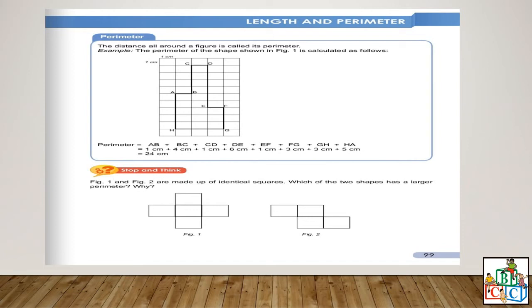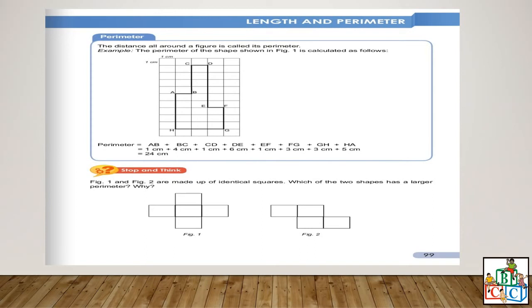Take a look at the figure 1. There's a shape A, B, C, D, E, F. Now we have to calculate the perimeter. Take a look. When you have calculated outside, for example, AB, it's 1 centimeter. B to C, you're going to count how many squares. 1, 2, 3, 4 centimeters. CD only 1.